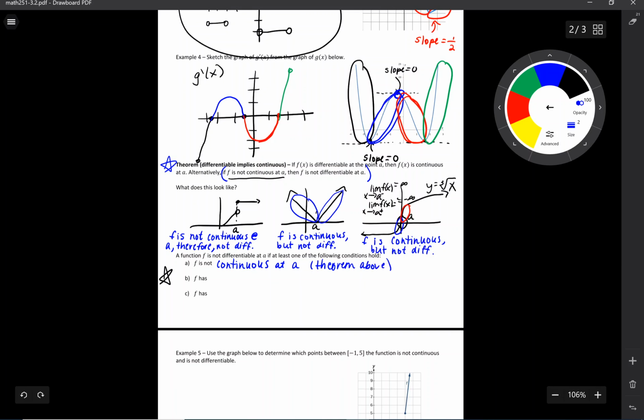If f has a corner point at a, it's not differentiable. Or if f has a vertical tangent. We did these two examples above. So these last two, B and C, are examples of when I am continuous but not differentiable.